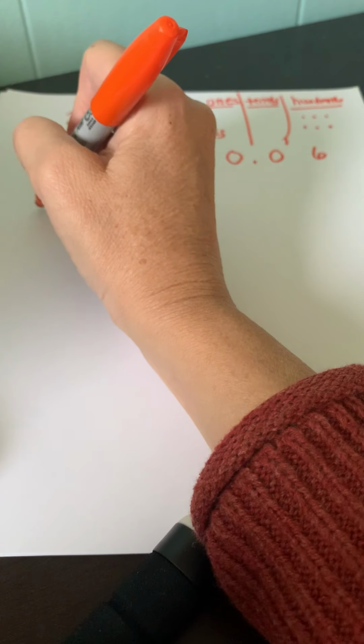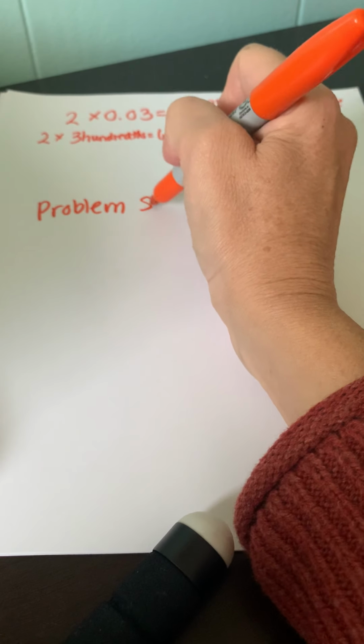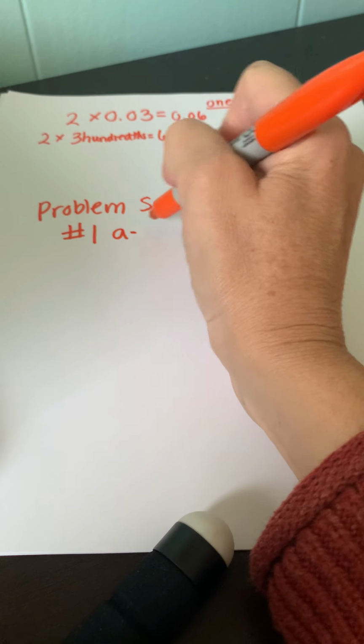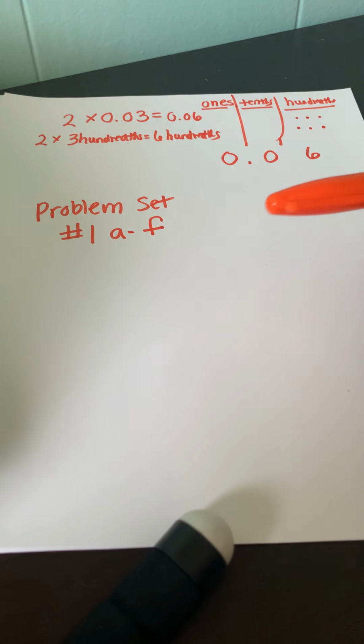What I'd like you guys to do now is open your blue Learn book. I want you to do problem set only number 1, A through F, using the strategy that we just learned. When you are ready to go over them, press play and listen to the next part of this video.